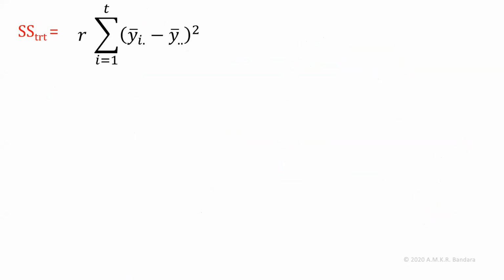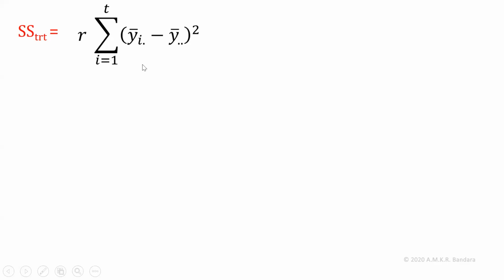That formula is the summation of yi dot bar minus y dot dot bar, squared, and take that squared total. As I explained, first you have to find the average of each treatment: first treatment average, second treatment average, third treatment average.